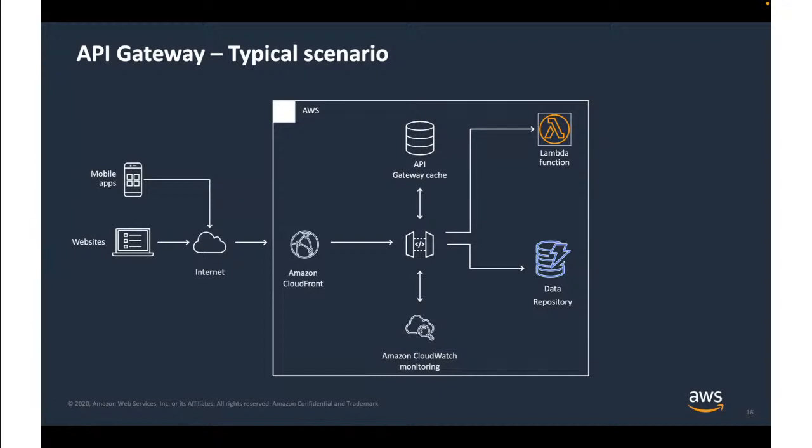So I've put here a sample architecture for your reference, wherein you see mobile apps and websites where you have deployed your applications, and your customers interacting with those applications would essentially come in through Amazon CloudFront, which is our edge service for giving that API access as close to your customer as possible to avoid latency issues, right?